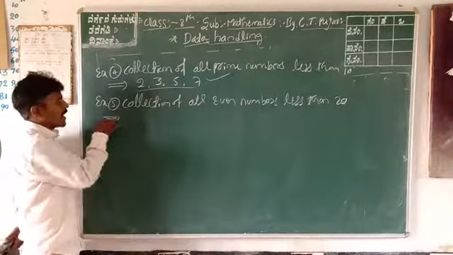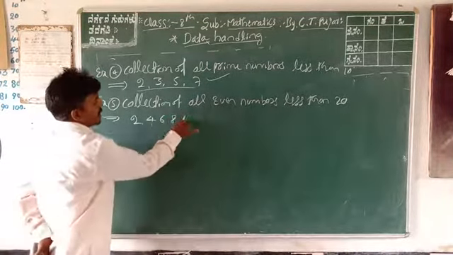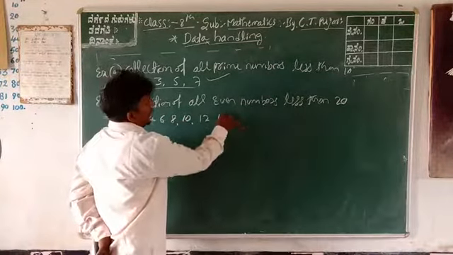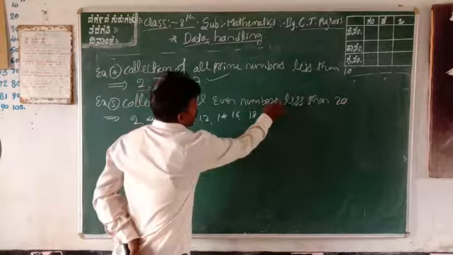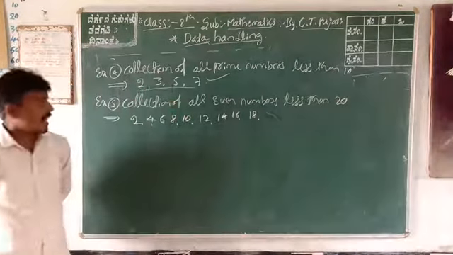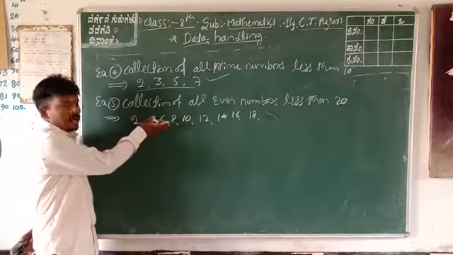Therefore, you can write this like 2 is even, 4, 6, 8, 10, 12, 14, 16, 18, 20. These all are even numbers.